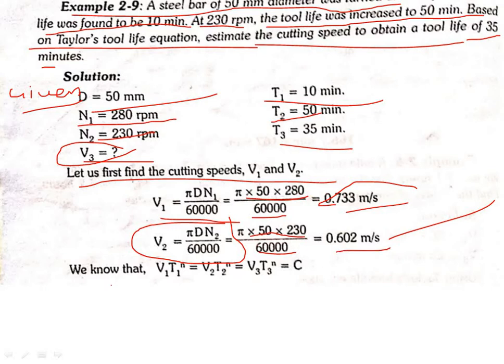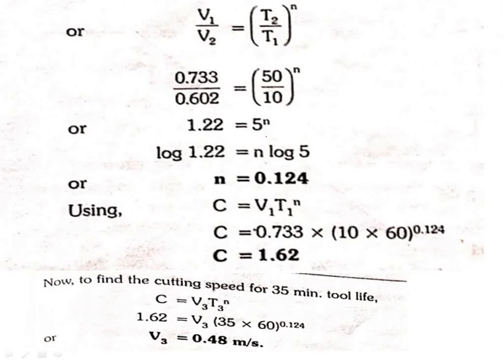We know that V1 T1 raised to n is equal to V2 T2 raised to n, that is equal to V3 T3 raised to n, that is equal to constant. Therefore, V1 by V2 is equal to T2 by T1 raised to n.